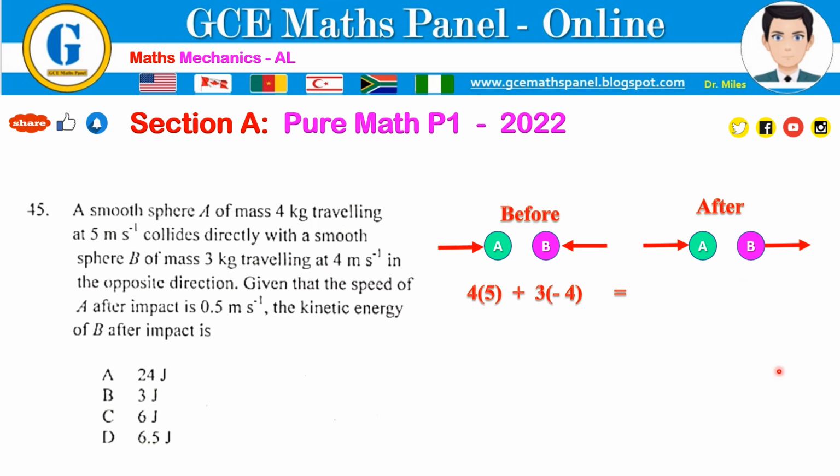But now the speed of A after impact is 0.5, while the speed of B we don't know. We need the speed of B to calculate the kinetic energy. From here, the velocity of B is equal to 2. So the kinetic energy of B will be equal to half mass times velocity squared. So half times 3 times 2 times 2, which is 6 joules. So the kinetic energy of B after the impact is 6 joules.